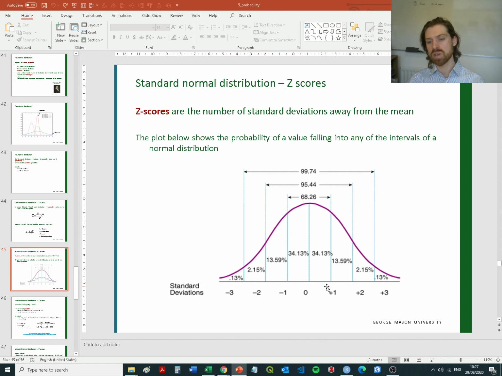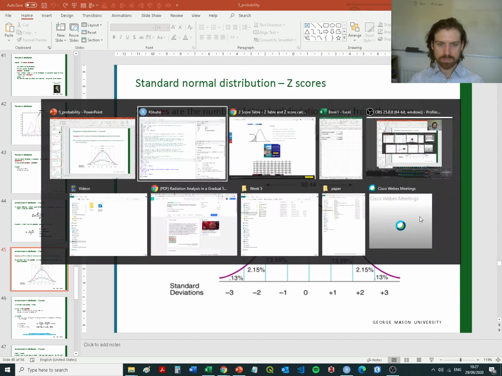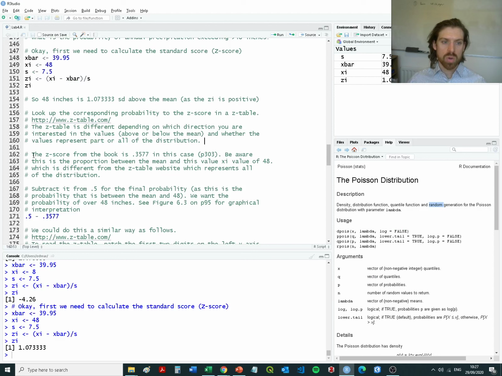And if it's positive, it's going to be a value that's above the mean. Okay, so the z-score in the book for this particular value, when you look at the table, is 0.3577. So what this is representing is the proportion of the values between the mean and the value that we provide, which is 48.